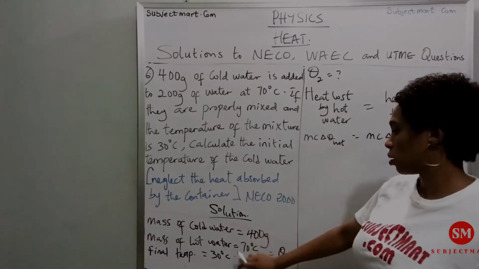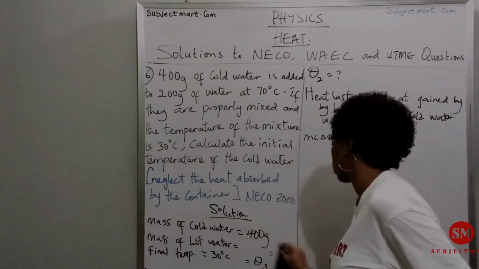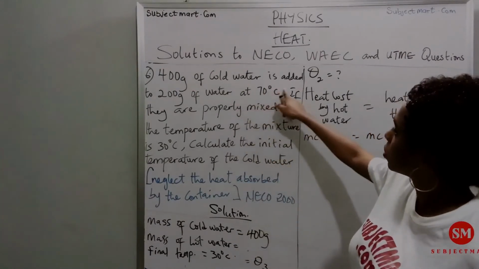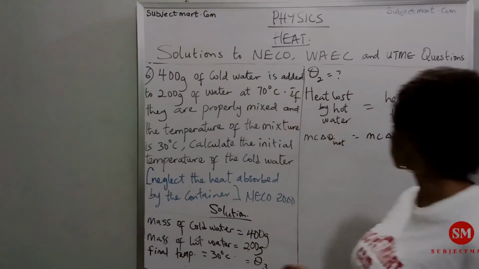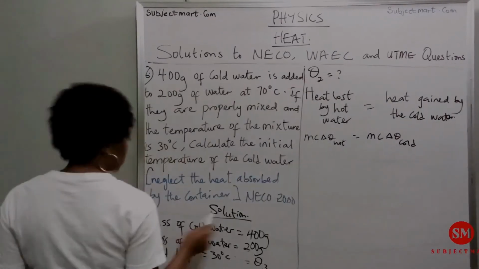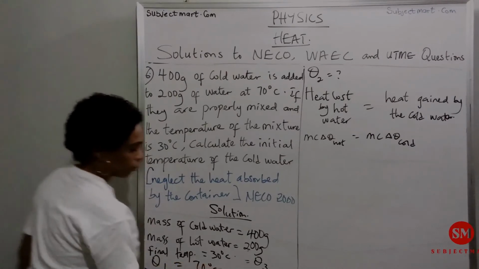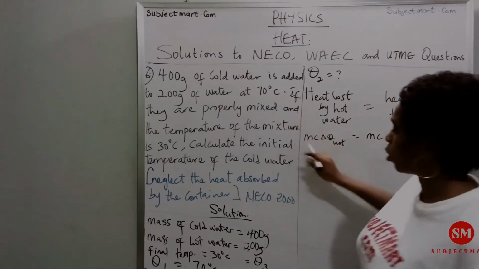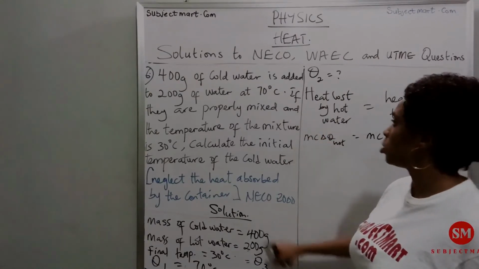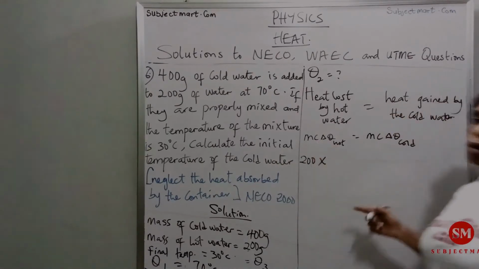So the mass of the hot water is 200 grams at 70 degrees C. So theta 1 is equal to 70 degrees C. So the mass of the hot water is 200 grams times the specific heat capacity of water.